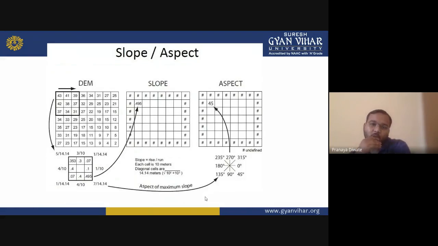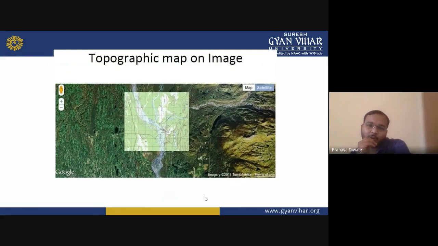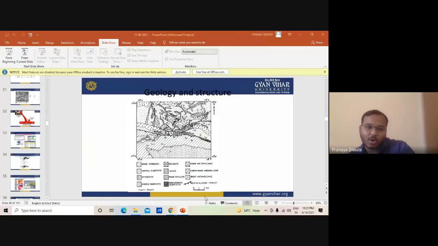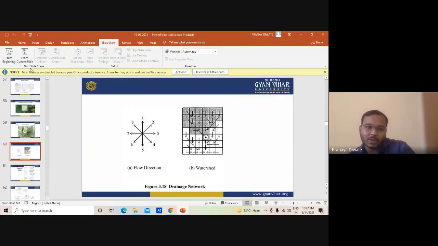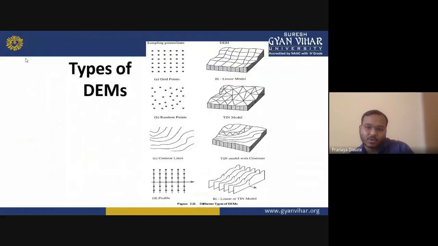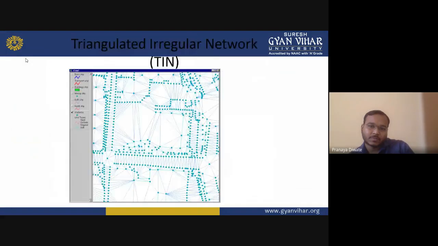For a slope map, you can create it easily. This is a topographic map of the area. This is shaded. You can prepare all these maps, like the watershed map. This is a type of DEM. DEM is nothing but a digital elevation model.